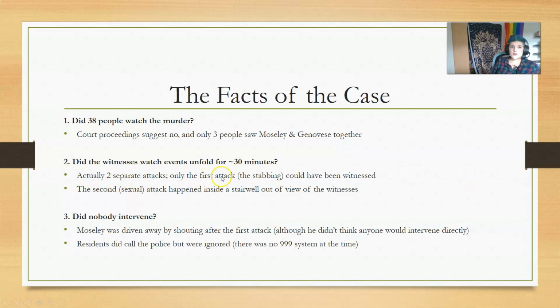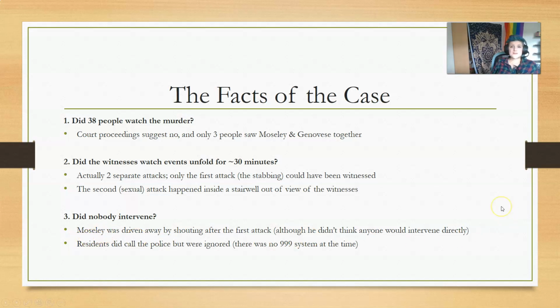There were actually 2 separate attacks, so these events didn't unfold over 30 minutes, and only one attack could have been witnessed. And so perhaps people didn't necessarily think that Kitty Genovese was in danger because they only saw one attack. The second attack happened inside, so out of the view of the witnesses.